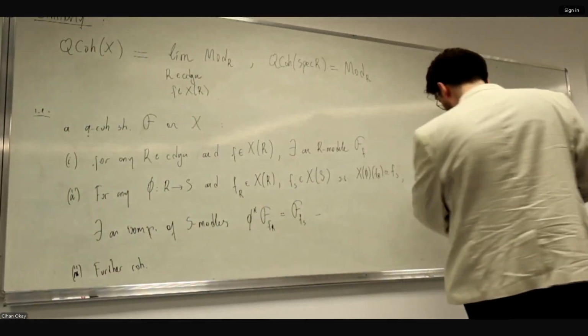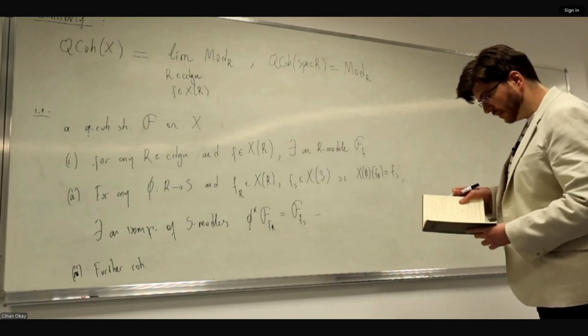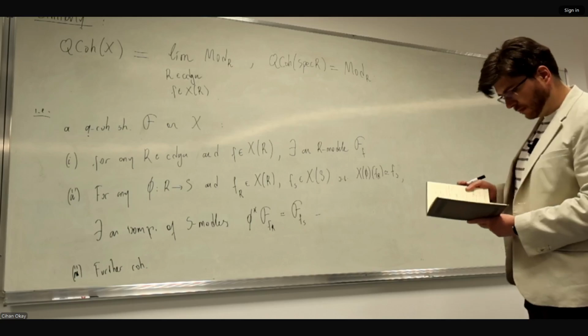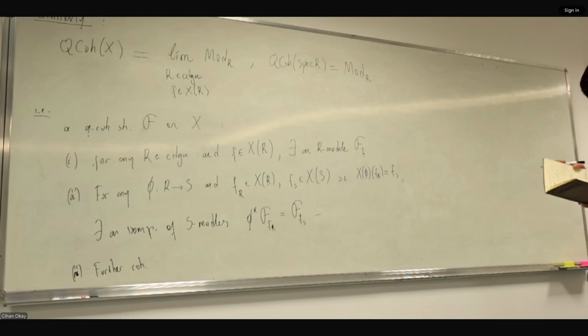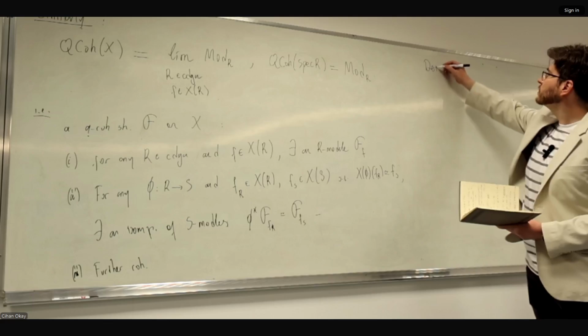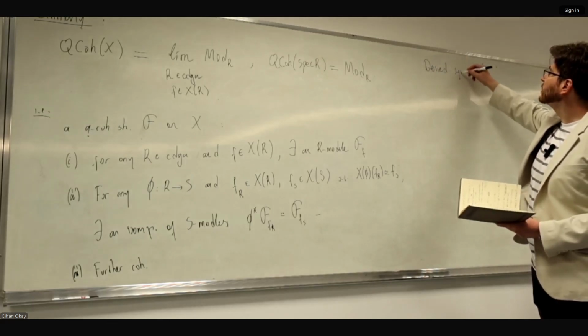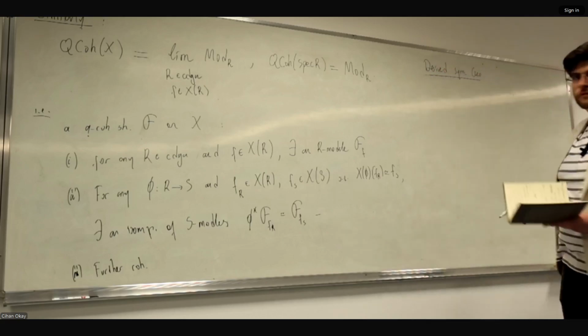Okay, good. Actually, we don't have that much time, but at least let me mention the following. Probably next time, we will discuss more in detail. For derived symplectic geometry, of course, we are going to use all of these ideas.